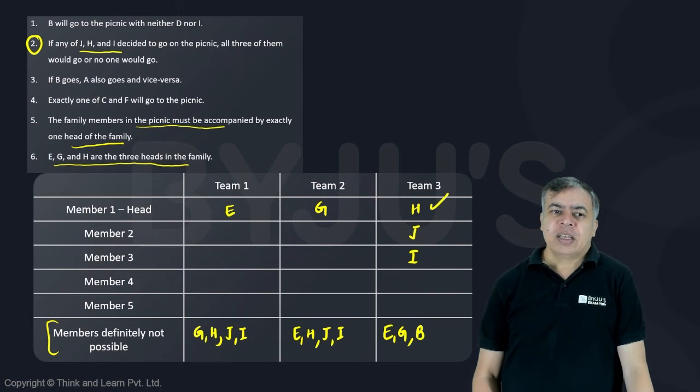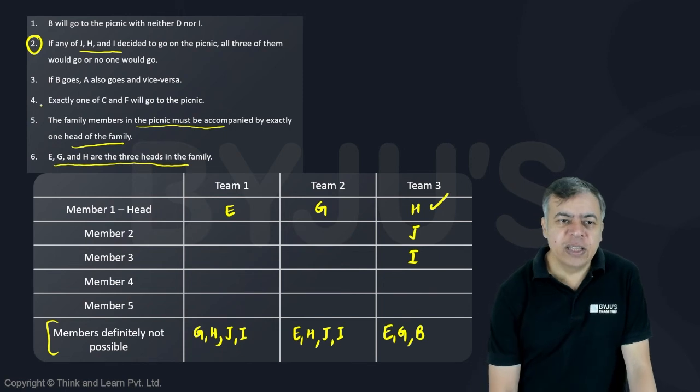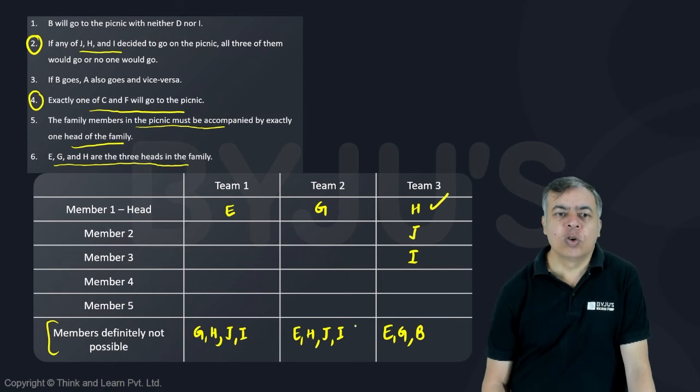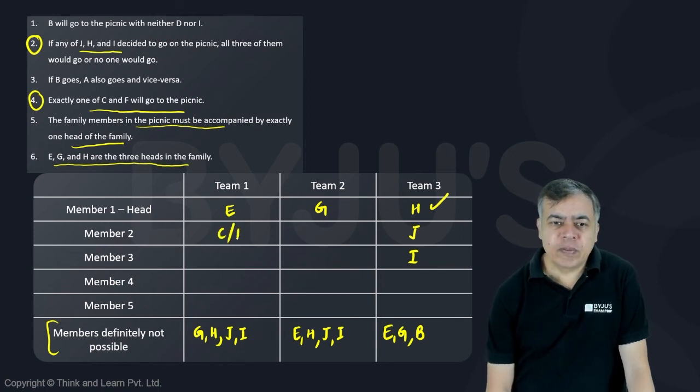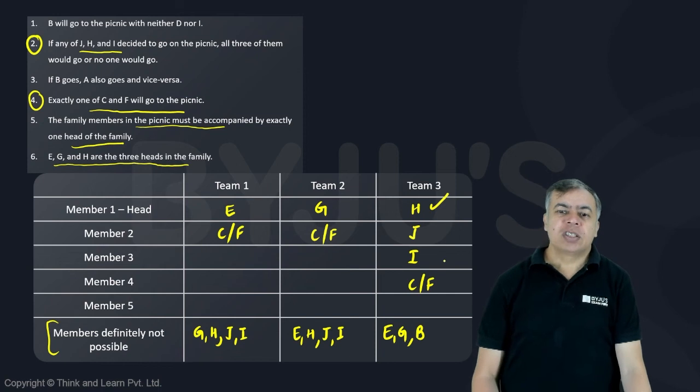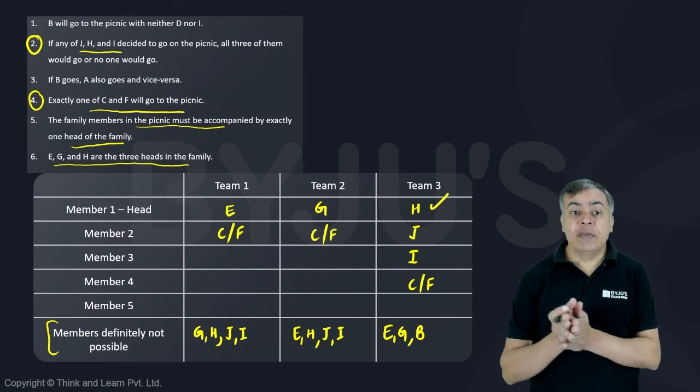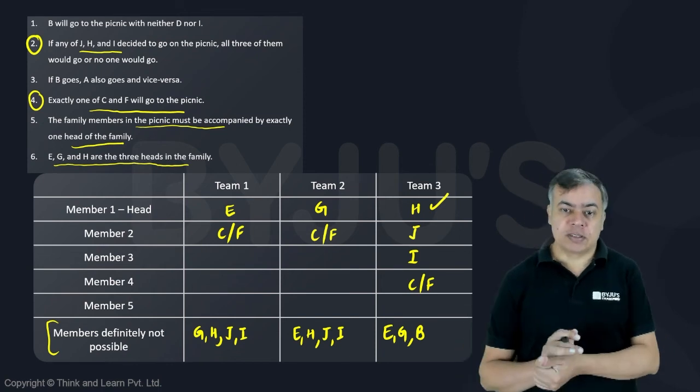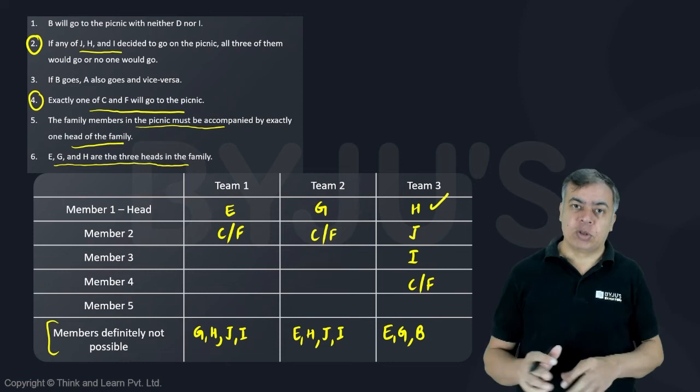And now, see the fourth point. The fourth point is exactly one of C and F will go to the picnic. So that means C or F must be there. Because exactly one person out of C and F must be there. You cannot skip both.